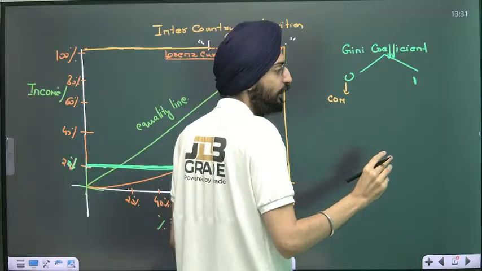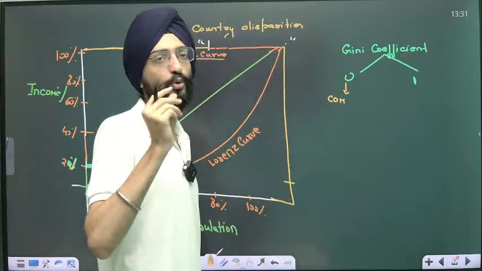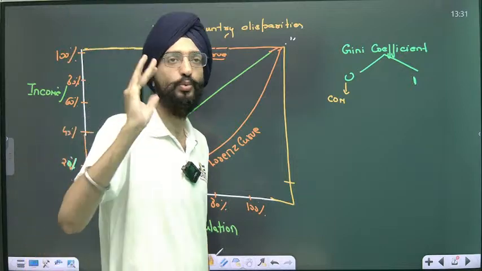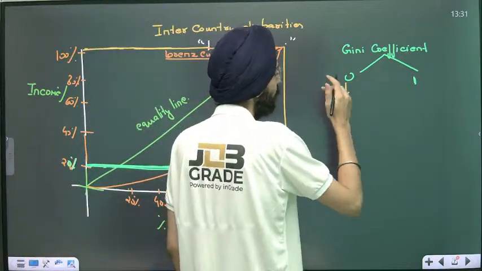There are certain countries who follow this principle, who are closer to being equal, that is, Scandinavian nations like Denmark, Norway, Sweden. So Gini coefficient is 0 or 1.